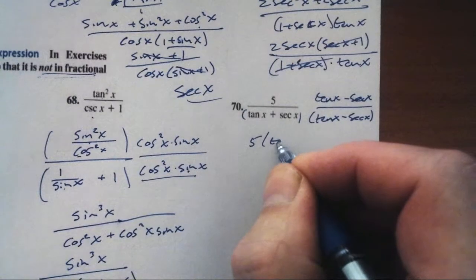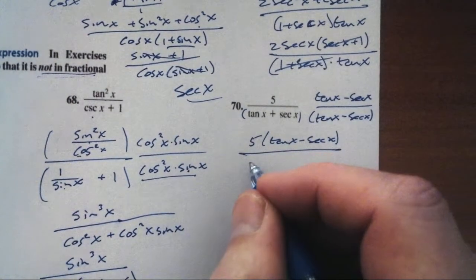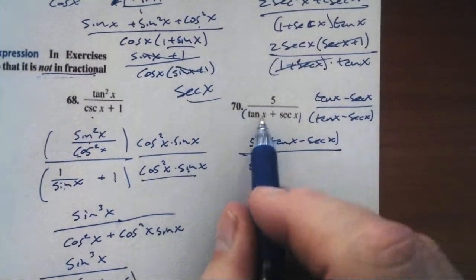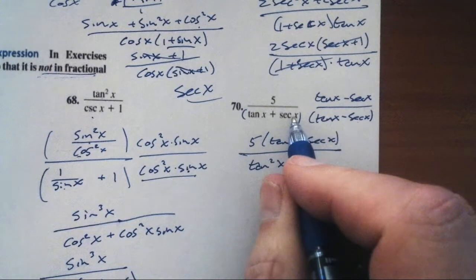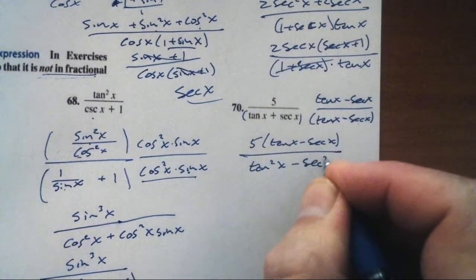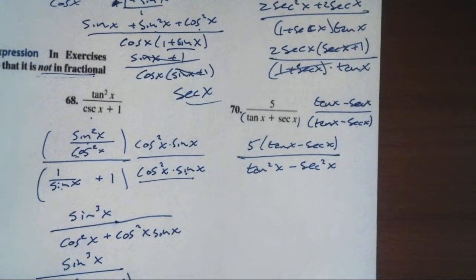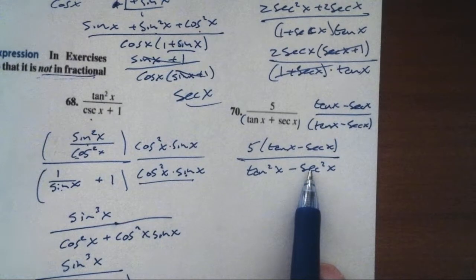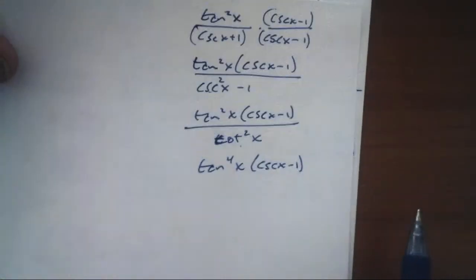I'm going to leave this as tangent x minus secant x over tangent squared x minus tangent secant plus tangent secant minus secant squared x. Well, this secant squared could get turned into tangents. Is that beneficial? Let's take a look.